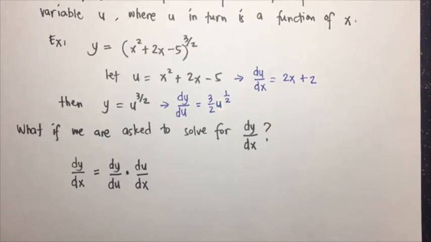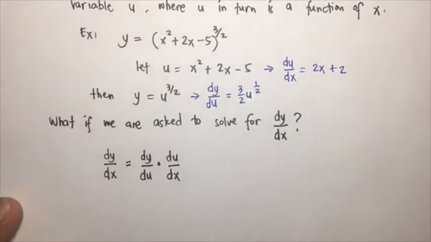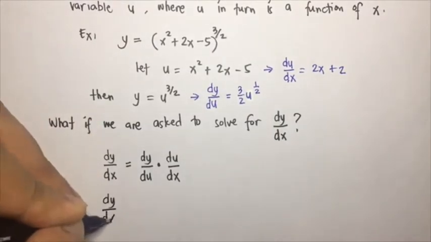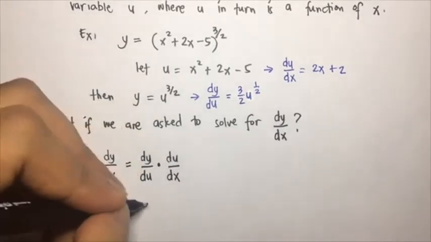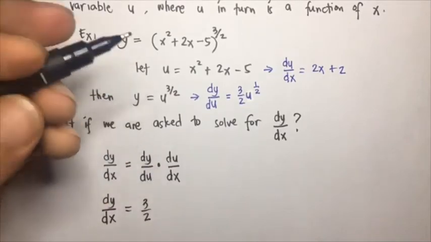Therefore, our dy over dx is equal to dy over du, which is 3 halves of u raised to 1 half.